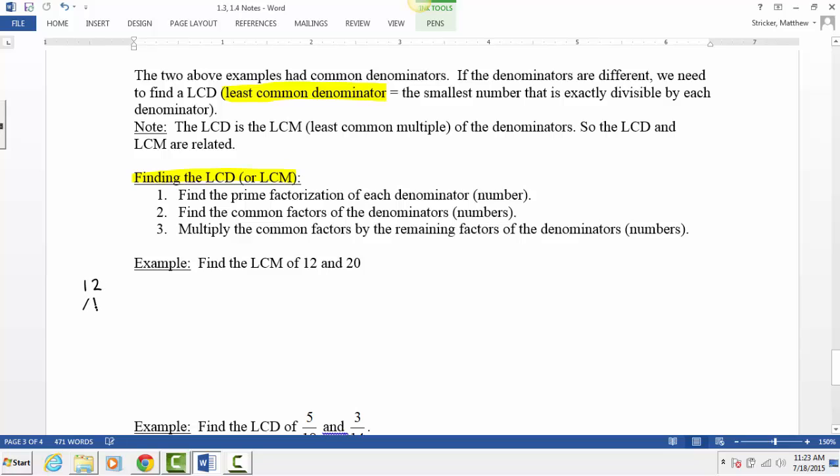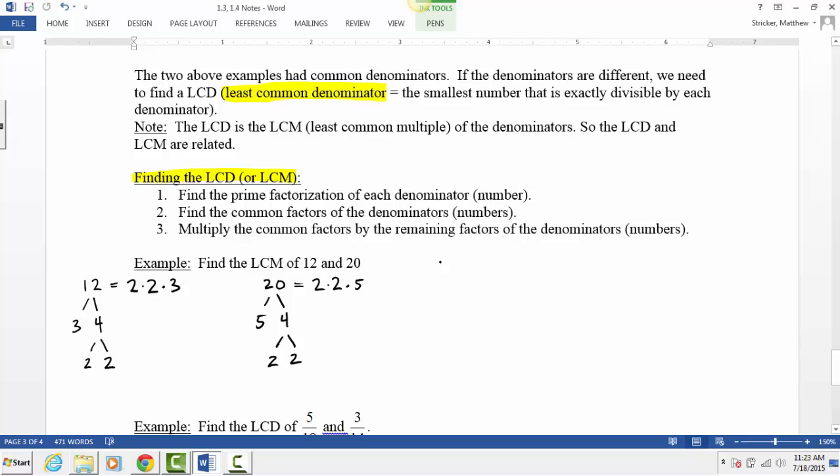So if I do that, 12 is 3 times 4, and 4 is 2 times 2, so that prime factorization is 2 times 2 times 3. I'm going to do the same thing with the other number, 20. 20 is 5 times 4. 4 is 2 times 2. So this is 2 times 2 times 5.